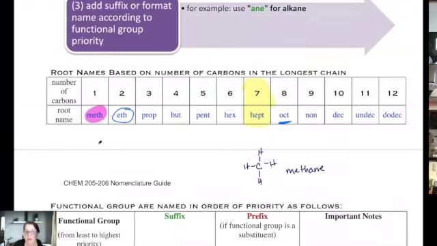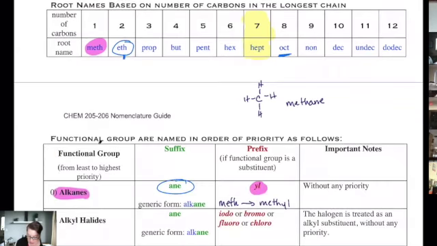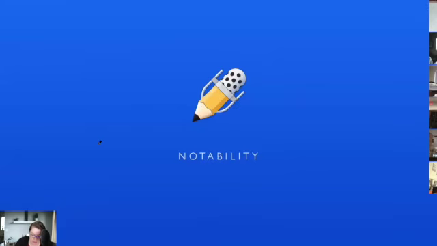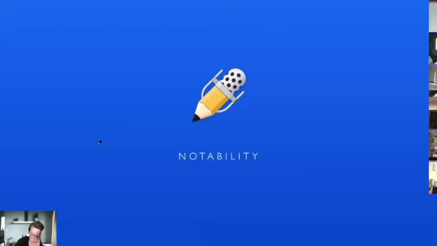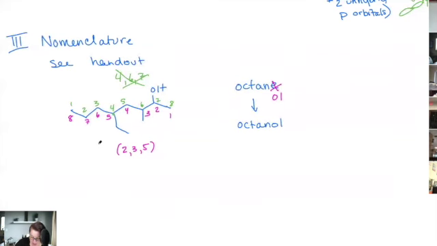Eth is going to be the root, and it's going to be the substituent, so I'm going to add YL to it. So off to the side, oh, it's jumping around on me here. Hold on one second. So off to the side, I'm going to say at carbon 5, I have an ethyl group. Okay, so that takes care of that one.